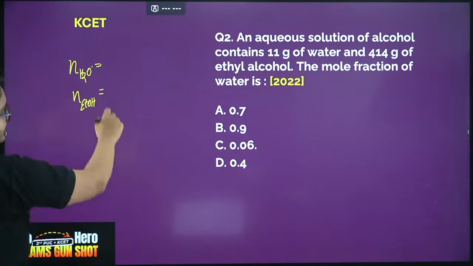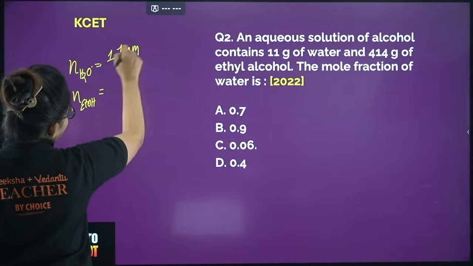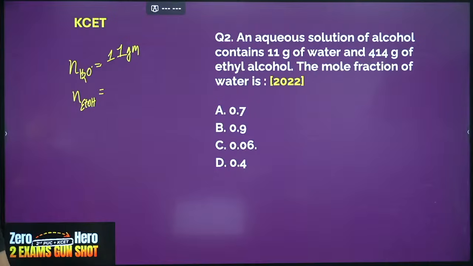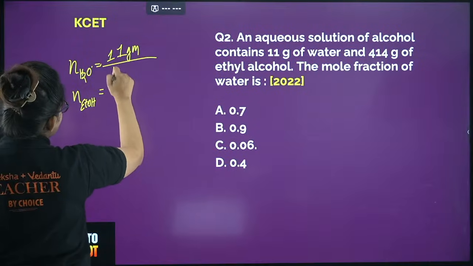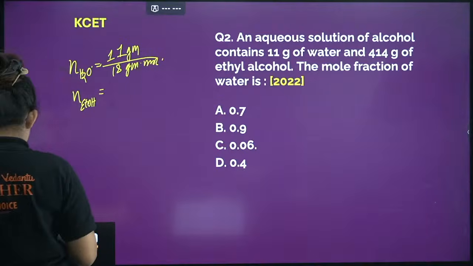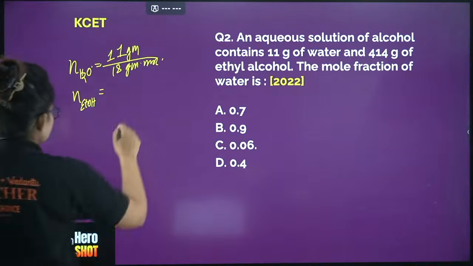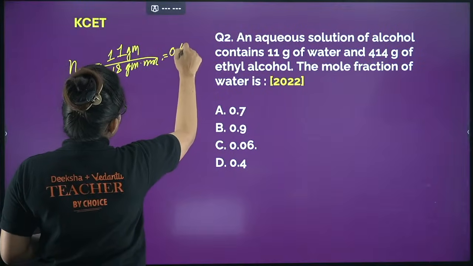So here you can see 11 gram of water divided by 18 gram per mole. If you calculate, 11 divided by 18 comes as 0.611.